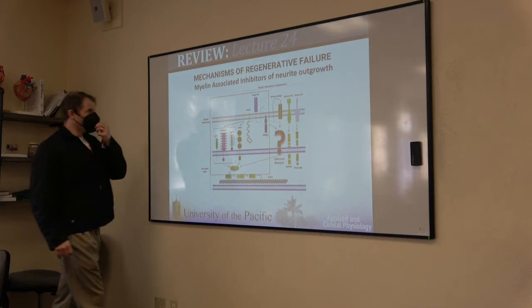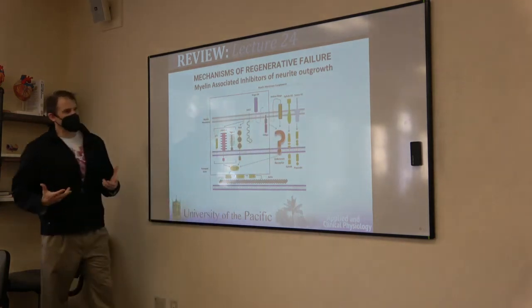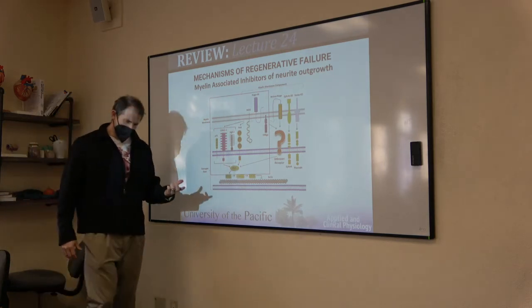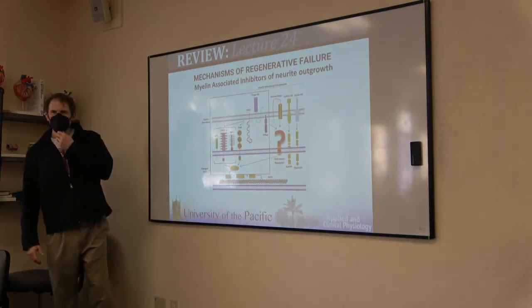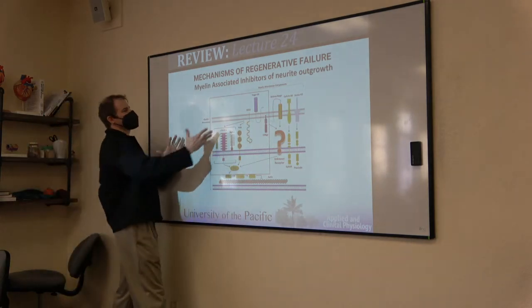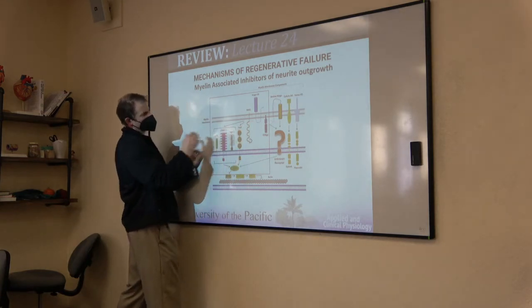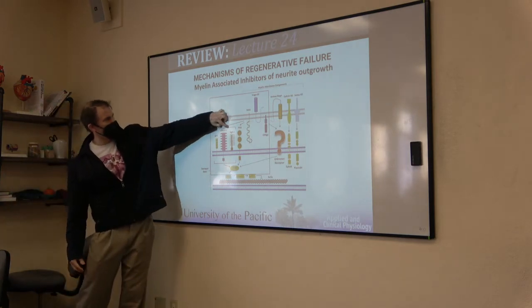And what forms these myelin proteins, you're going to get damage of some sort, right? It's an injury, it is autoimmune disease, it's something, right? You get these myelin proteins, and we're going to get this complex form: p75, LINGO, NgR.